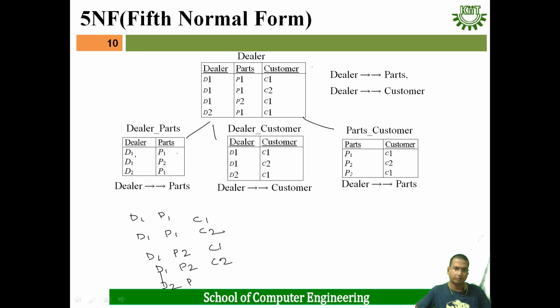D2 is common in this case. Then when we do the natural join of these with these, parts is common here. Then we will see whether all the rows of the dealer table will come or not.